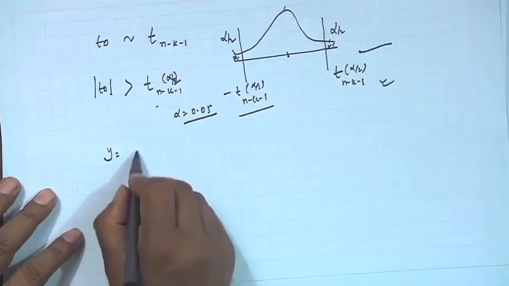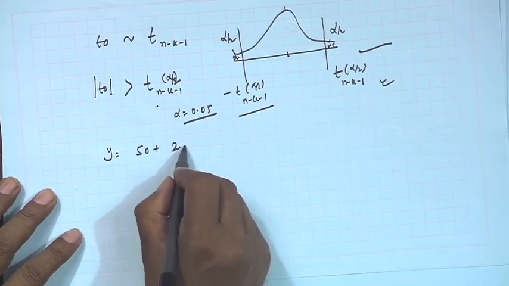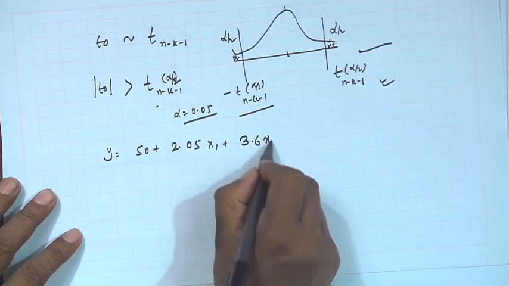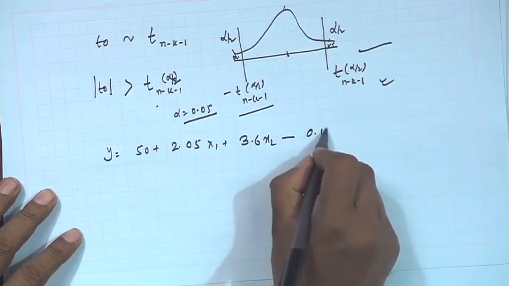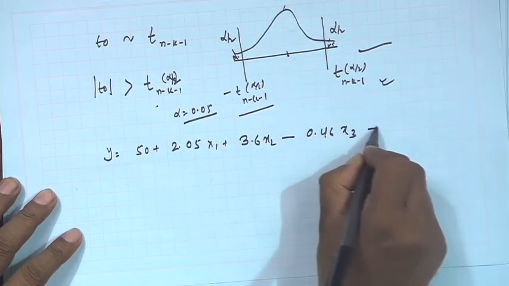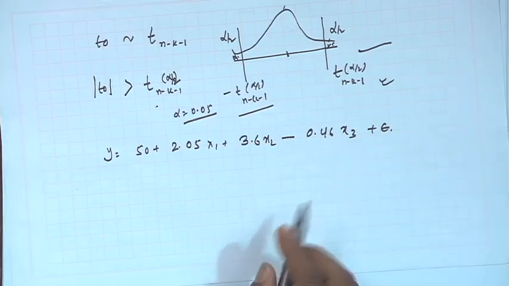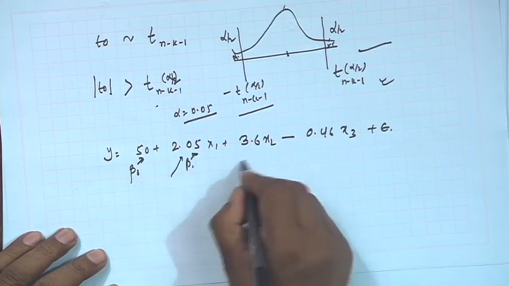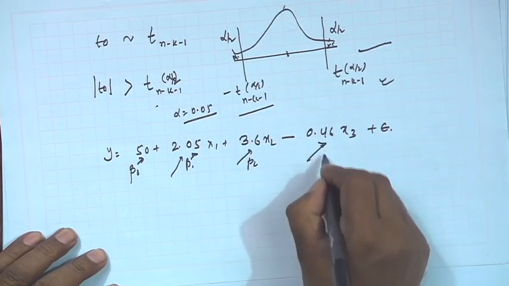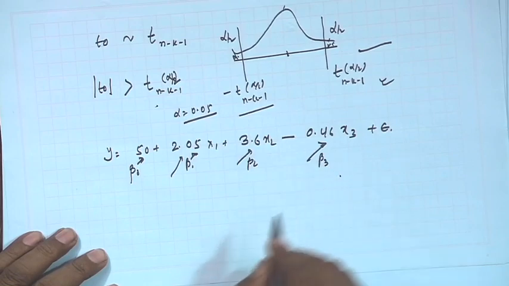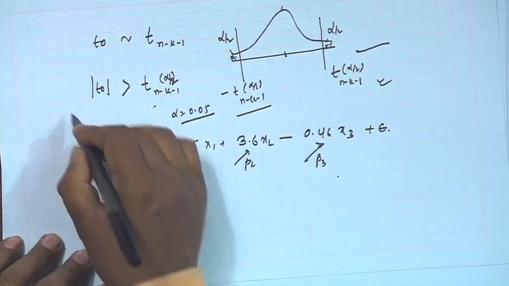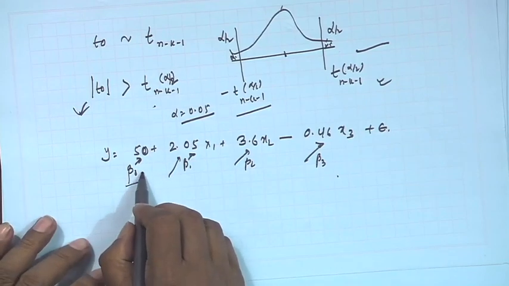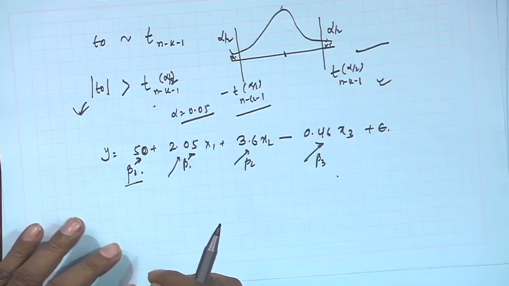Suppose I say that y equals 50 plus 2.05 x1 plus 3.6 x2, maybe minus 0.46 x3 plus error term. Then we are saying beta 0 equals this, beta 1 equals this, beta 2 equals this, beta 3 equals this. By this test we are checking whether beta 0, 50, is essentially 50 or basically nothing more than 0.